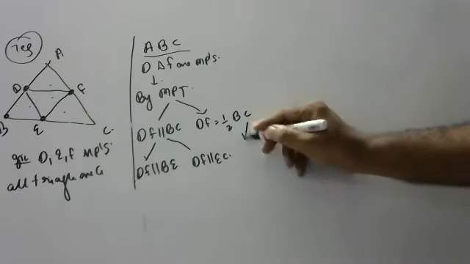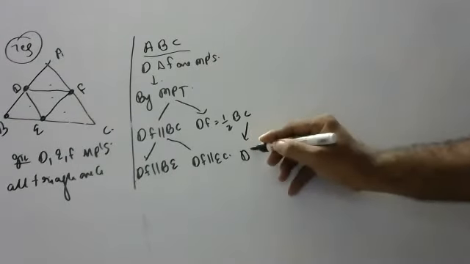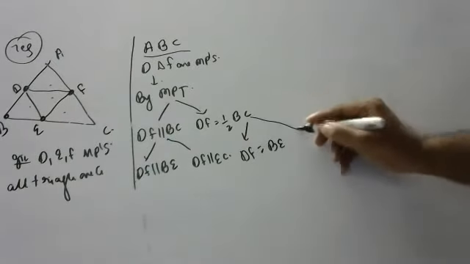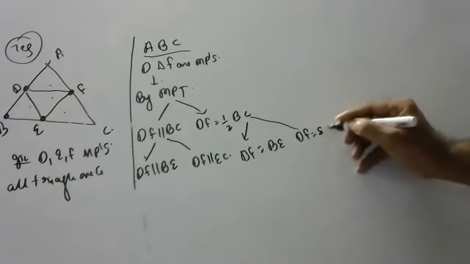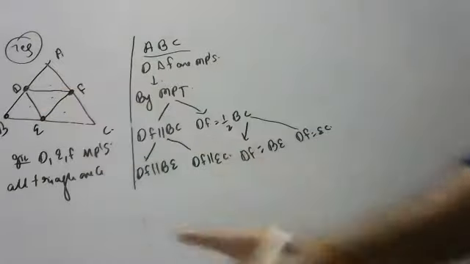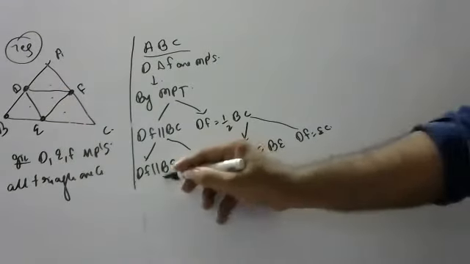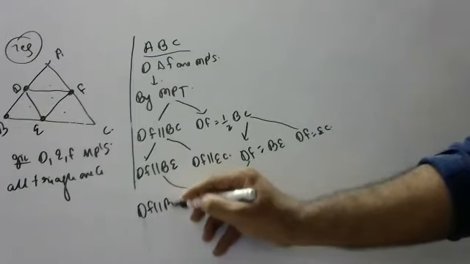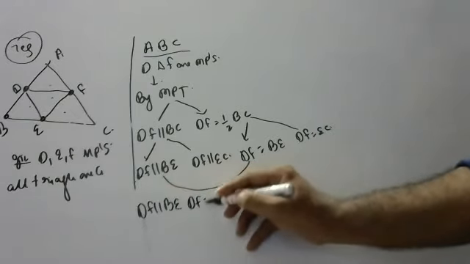And DF is half of BC means I can say 2 things: DF is equal to BE, or DF is equal to EC, because E is the midpoint. So DF is parallel to BE and DF is equal to BE.